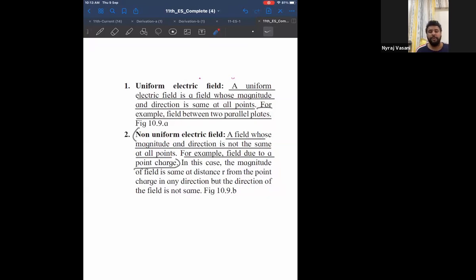Electric field, write down. There are two types of electric field. First one is uniform electric field. Second one, non-uniform electric field.